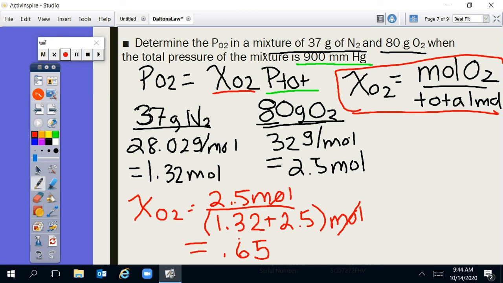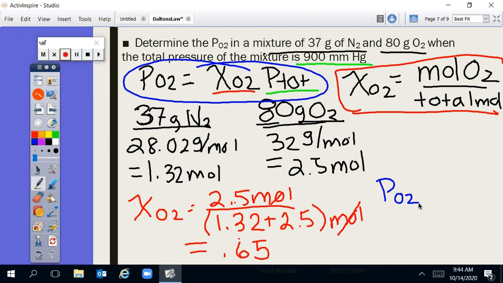Okay. And now I'm going to plug it back in to my original equation. So my partial pressure of oxygen is going to equal my mole fraction, which is 0.65, times my P total, which is 900 millimeters of mercury.